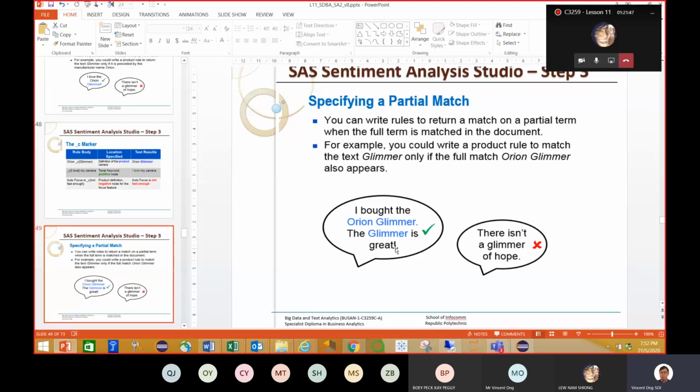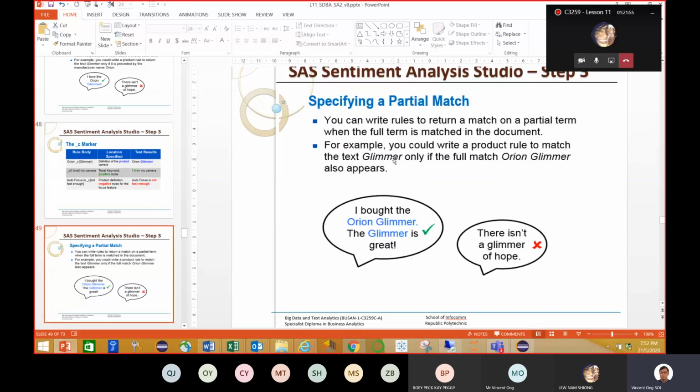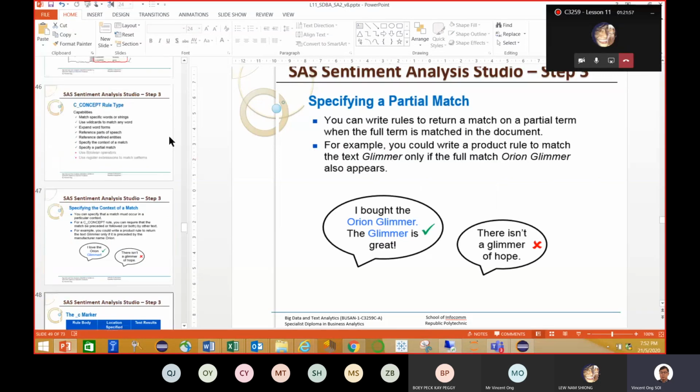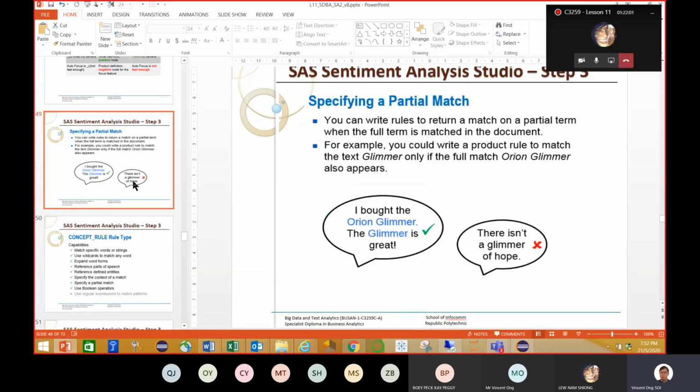So it's a partial match. This C concept also allows us a partial match. Here it says you can write rules to return a match on a partial term, on condition that the full term is matched somewhere in the document.